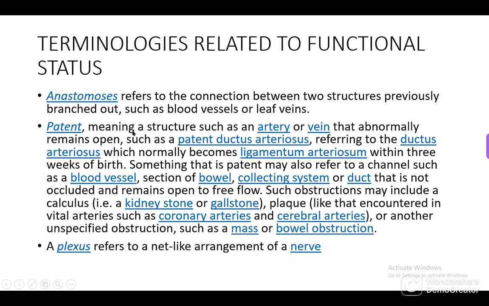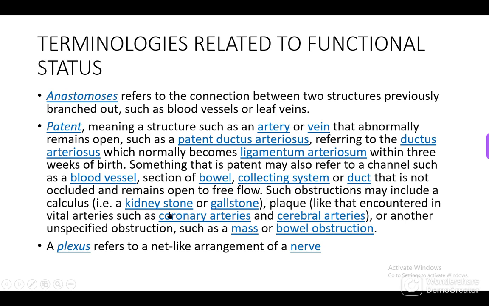Patency is there in a hollow structure, the artery, the vein. It remains open, it is 20%, 30%, 100% patent. Patency may also refer to channels such as blood vessels, sections of the bowel, the collecting system.